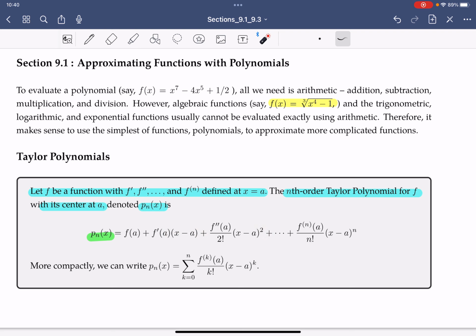They keep having x minus a with you, and the coefficients are going to be 1 here, 1 over 2 factorial here, 1 over 3 factorial for the next one, up to 1 over n factorial. This is the Taylor polynomial.